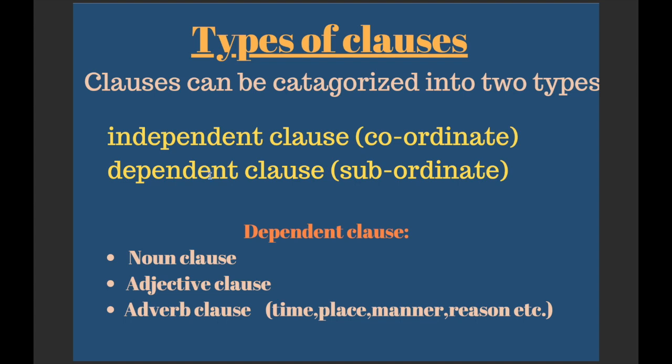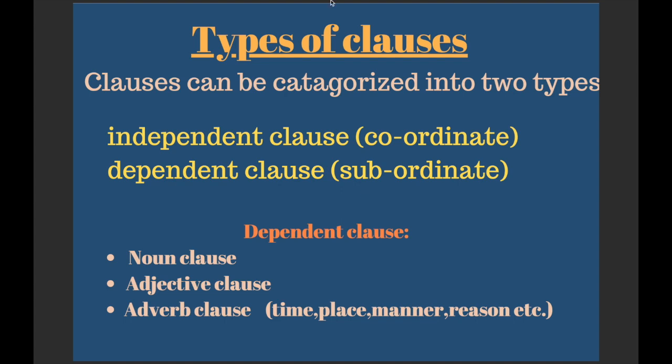Unless and until we read the dependent clause along with the independent clause, it does not make any sense. That is why it is called dependent clause or subordinate clause, because it depends on the main clause to make its meaning clear.